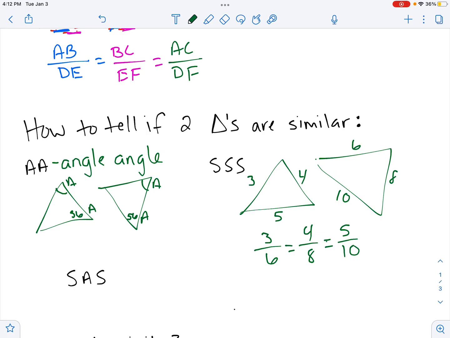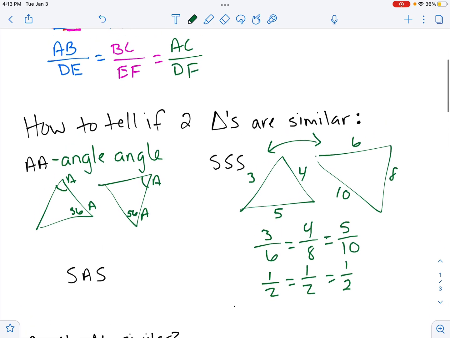Well, right now those don't look the same. So we can simplify the fractions and they should come out to be the same. So 3 over 6 is 1/2. 4 over 8 is 1/2. 5 over 10 is 1/2. So these would be the same. Make sure you pay attention in the directions, if it wants you to come up with that scale factor, which way you're going, from bigger to smaller or smaller to bigger, because the scale factor would be flip-flopped.